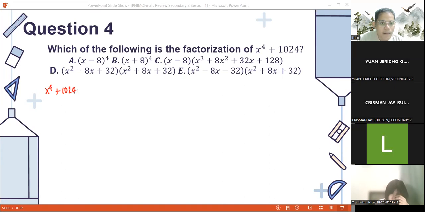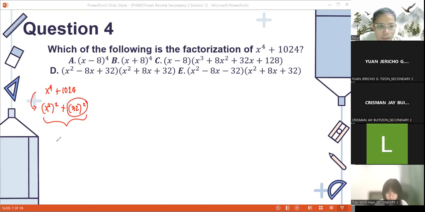But it's a bit difficult because there's no such thing. But we can have this as (x squared) squared plus 32 squared, right? Am I correct? Now, we want this one to be a perfect square trinomial. How do we make this a perfect square trinomial?